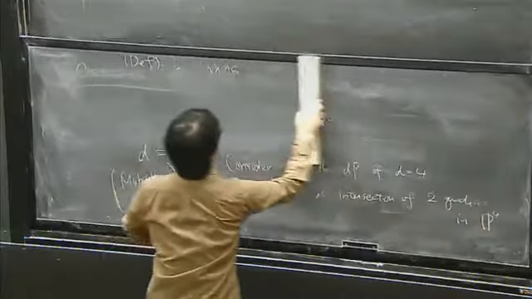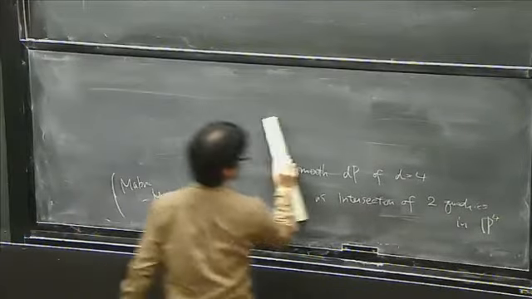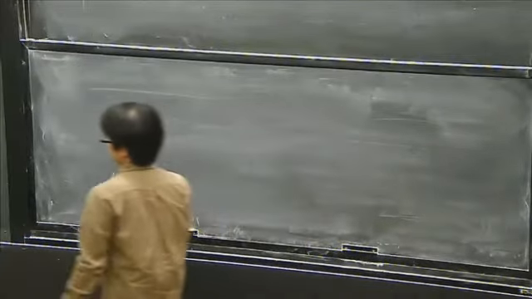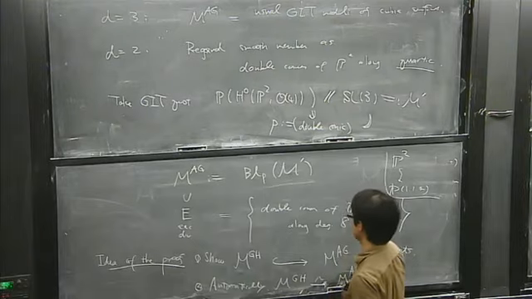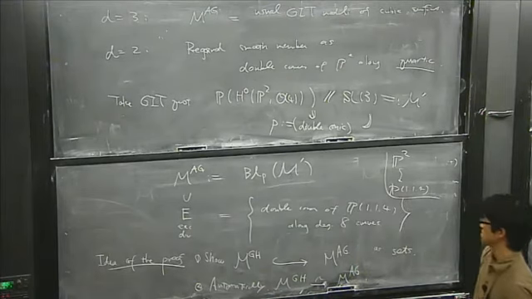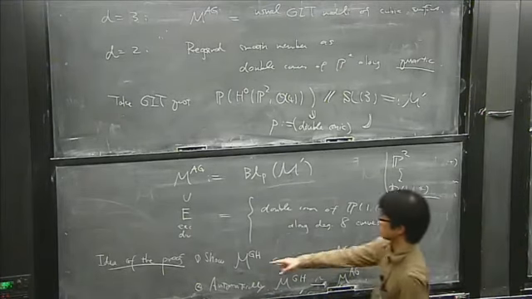So the first part is more crucial. The second part is, roughly speaking, due to the reason that this is compact.